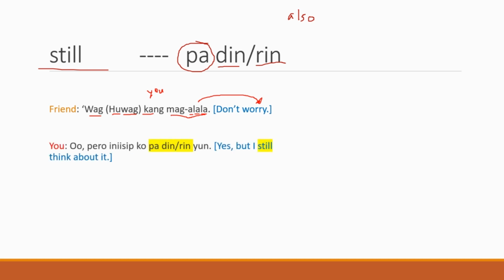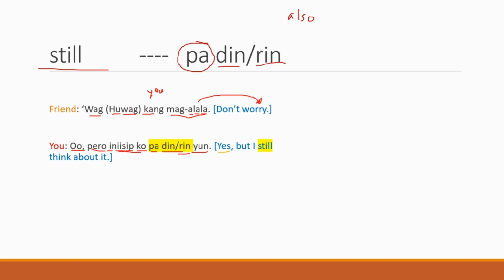And you will say, "Oo, pero iniisip ko pa din yun." Oo is yes, that's correct.